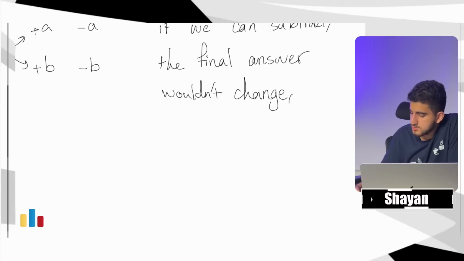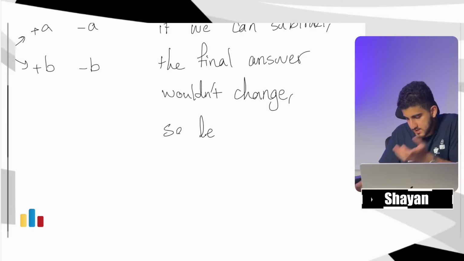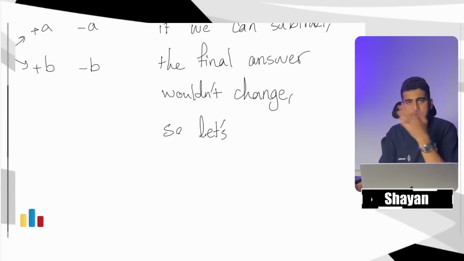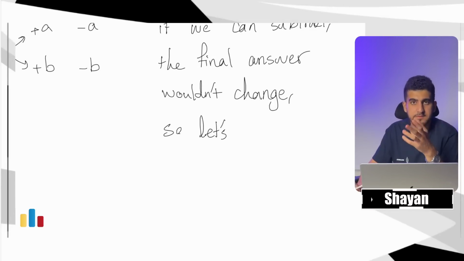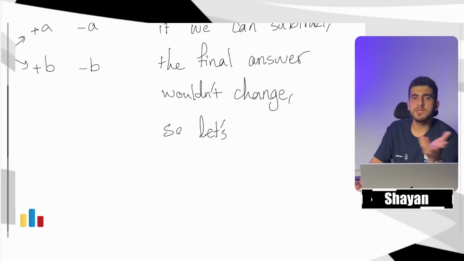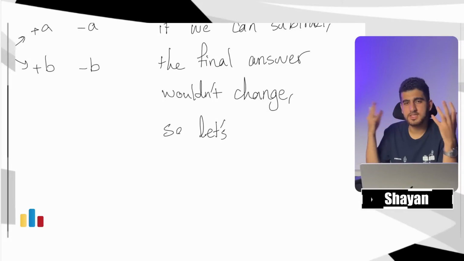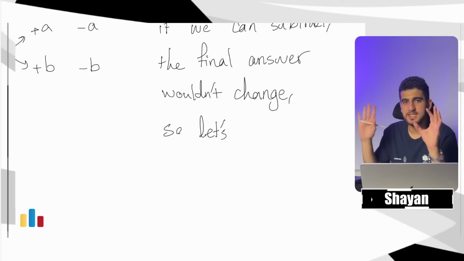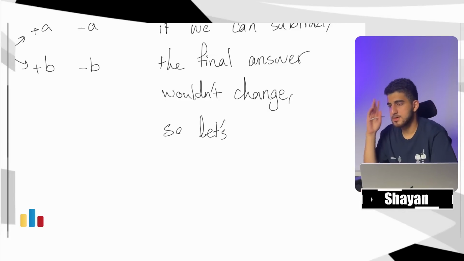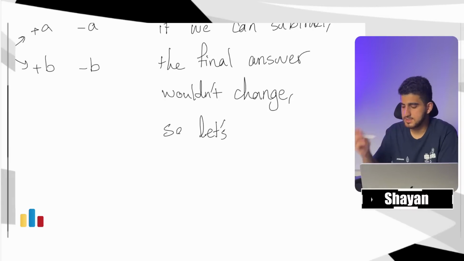So let's assume that we can also subtract. Why do we assume that? Because it makes everything cleaner, and it's easier to talk about our intuition and our arguments that way.